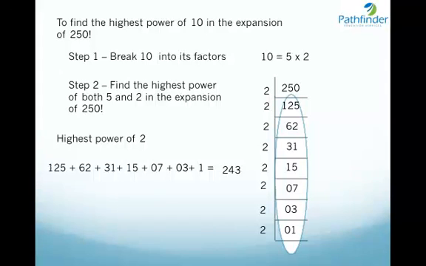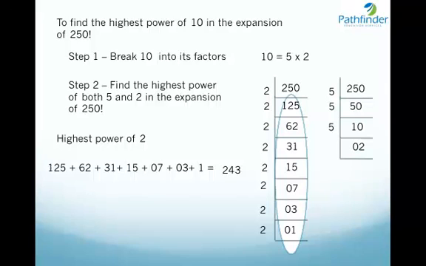What about the highest power of 5? The highest power of 5 can be calculated as 250 divided by 5 gives me 50 as the quotient. 50 divided by 5 gives me 10 as the quotient. And 10 divided by 5 gives me 2 as the quotient.